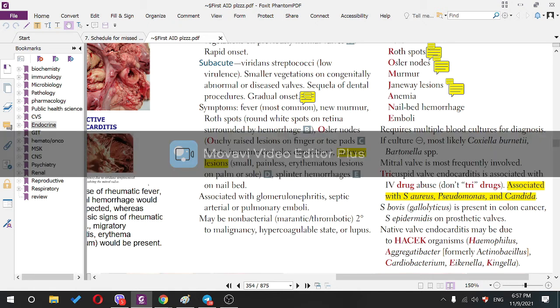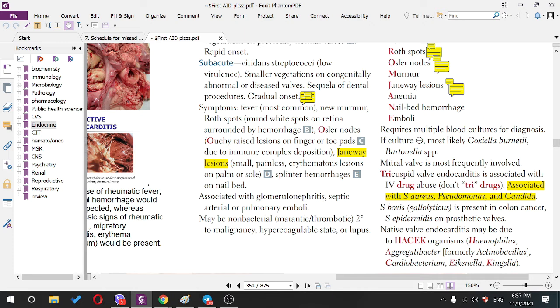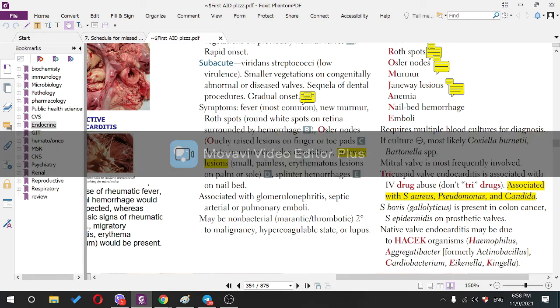Feces. So yeah, it's due to feces. The major and minor criteria, wait for them. I will explain them in one moment. Yes, we do have them. Yes, we have to know that. Okay, so if we speak about Coxiella burnetii, you must know that it's due to cattle feces, okay?